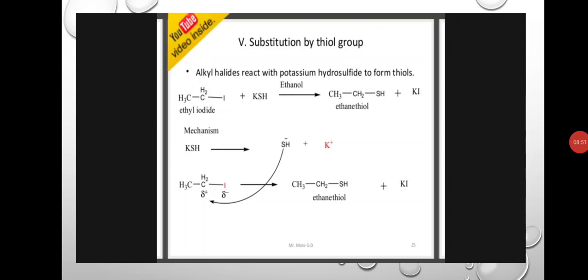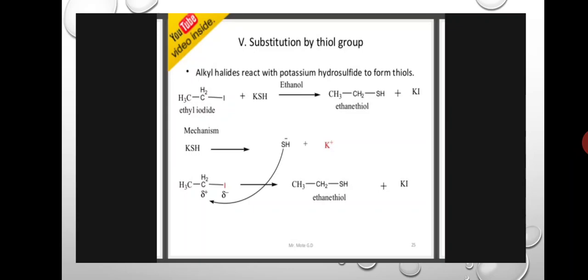And next is substitution by thiol group. Here SH minus is the nucleophile, so this reaction is called substitution by thiol group. Alkyl halides react with potassium hydrosulfide to form thiols.